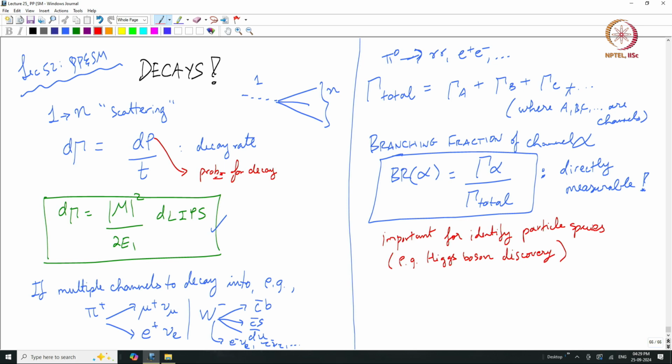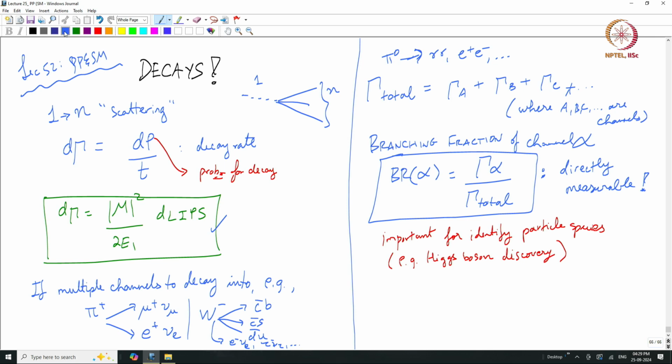This clearly pinpoints the identity of the particle that you are looking for. All right. So in your assignments there will be 1 or 2 questions based on these branching fractions. It is a very simple notion.